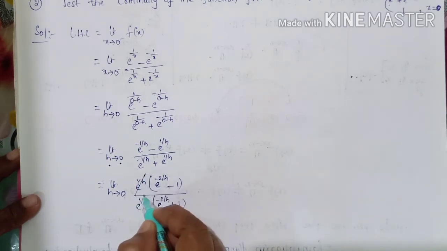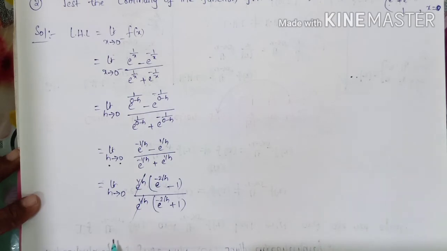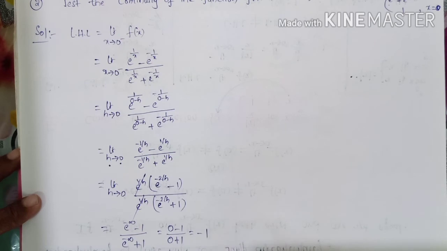Now we cancel e power 1 by h. Now on substituting h is equal to 0, e power minus 2 by 0, that means e power minus infinity, minus 1 by e power minus infinity plus 1. E power minus infinity is 0. So 0 minus 1 by 0 plus 1. So minus 1 by plus 1 means minus 1. So we got left-handed limit minus 1.